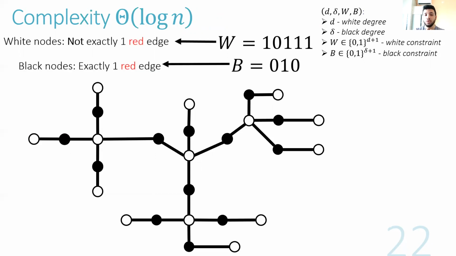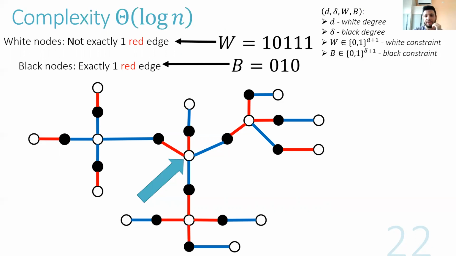So now white nodes need to have not exactly one red edge, while black nodes still need to have one red edge. So for example, this solution is bad because we have a white node with exactly one incident red edge.